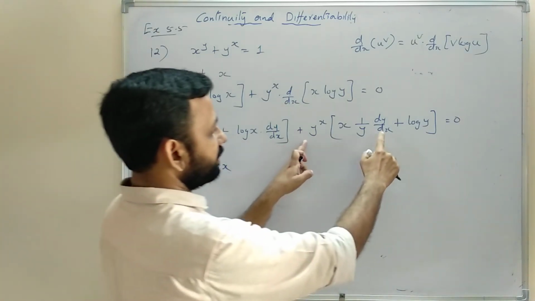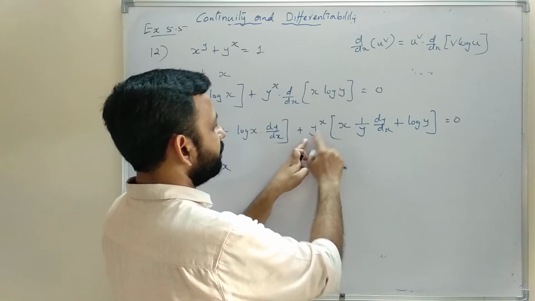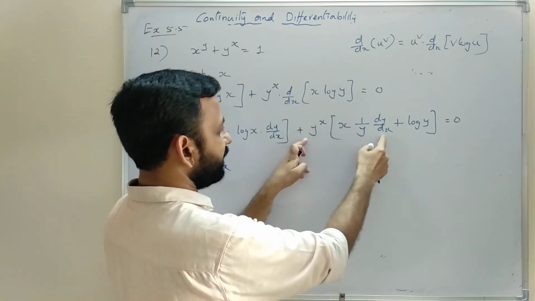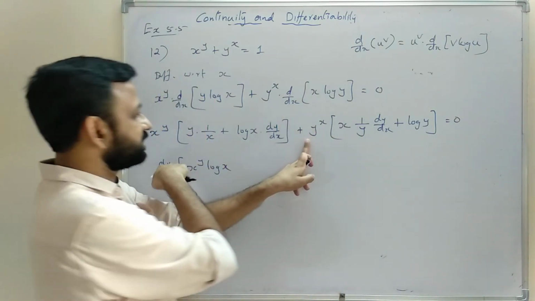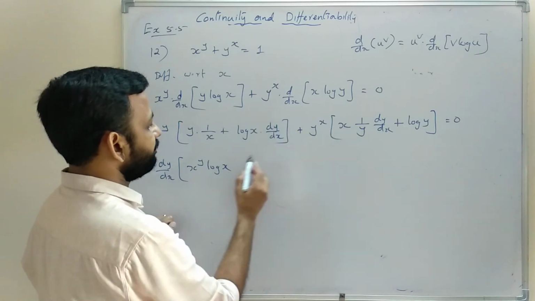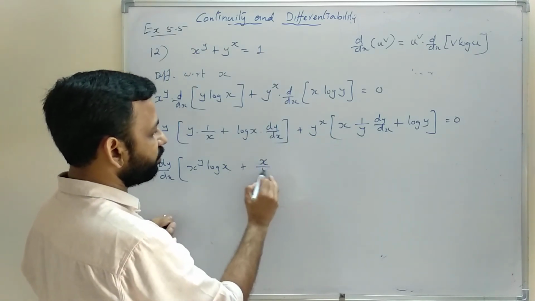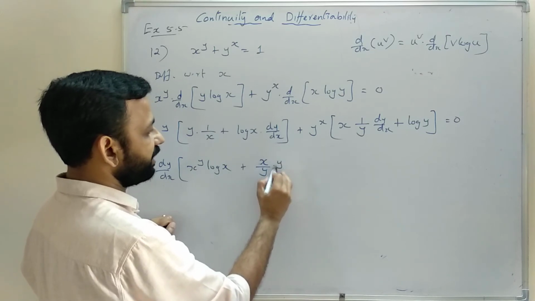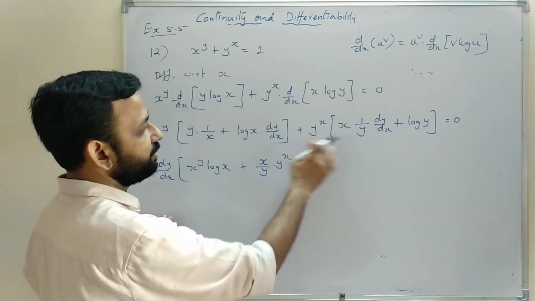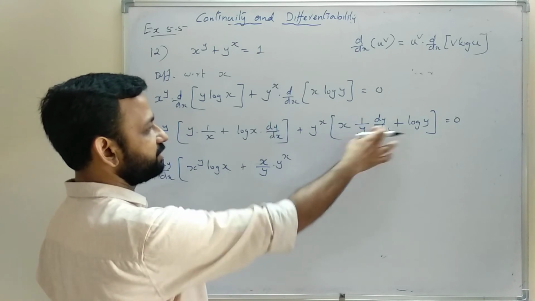Then the terms containing dy by dx: y raised to x into x upon y into dy by dx. With dy by dx outside, we get plus y raised to x into x upon y, that is x into y raised to x minus 1. Close the bracket.